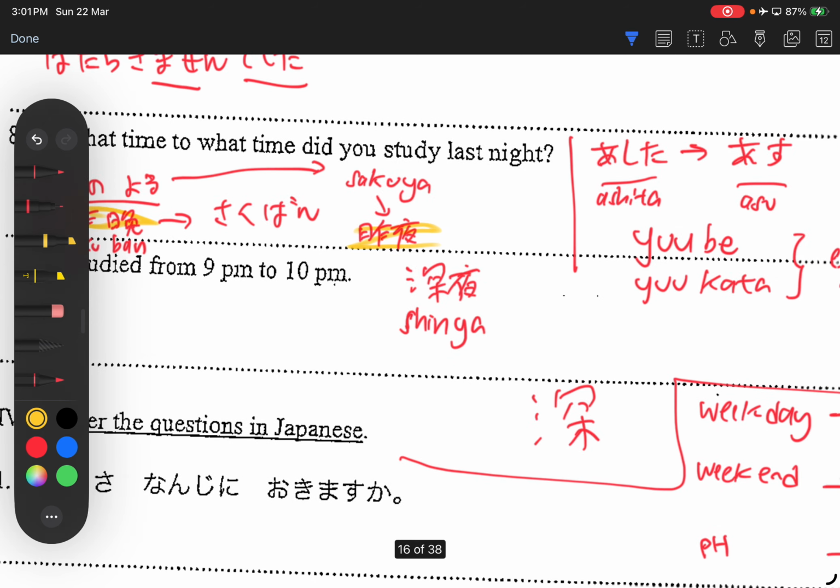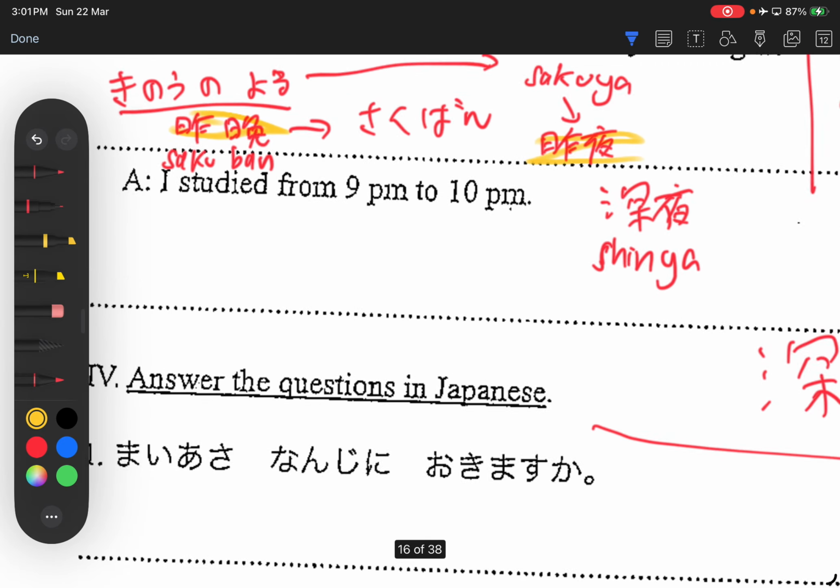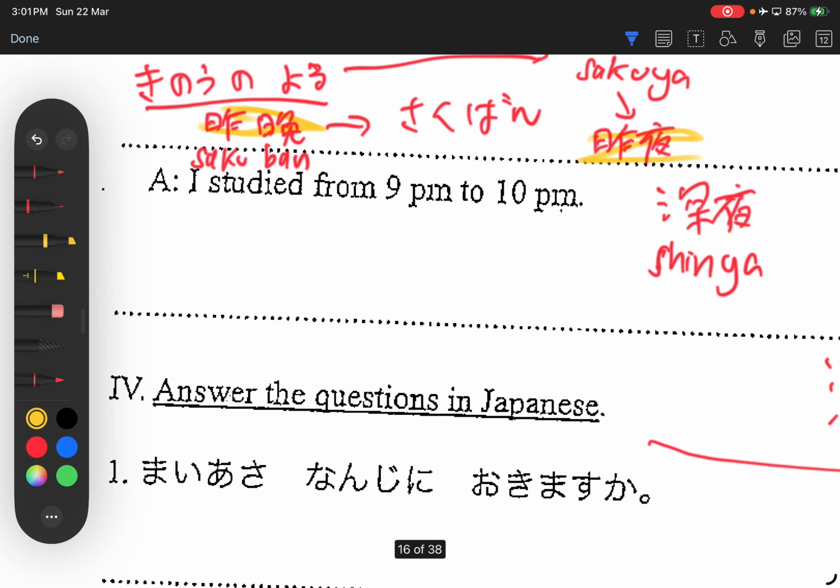Okay. Moving on, we have: I studied from 9 p.m. to 10 p.m. 私は午後9時から10時まで勉強しました。Very good. We don't need to say 午後 two times because we are referring to the same time period.